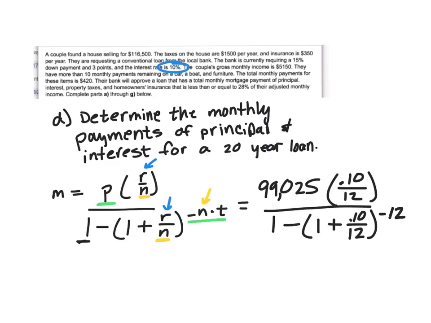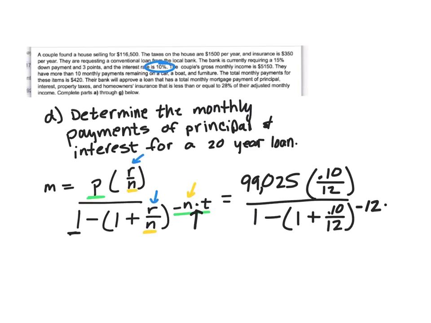For those of you who aren't familiar, that little dot right there in between the N and the T means multiplication. So I'm just going to transfer multiplication, little dot right there. And the last thing we need to do is the T. And the T is the amount of time in years.